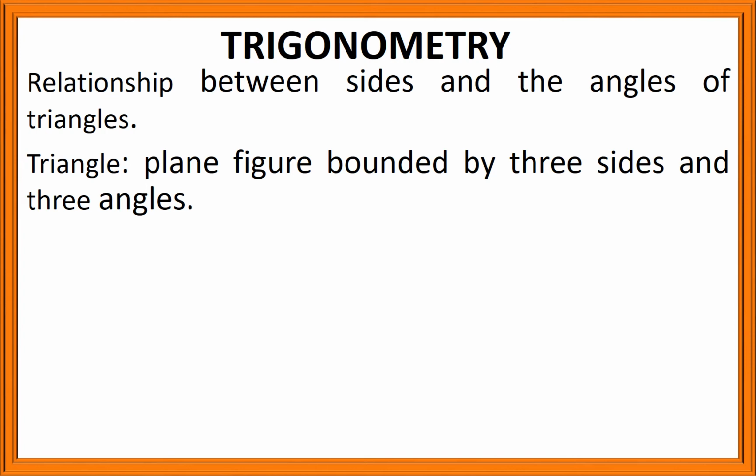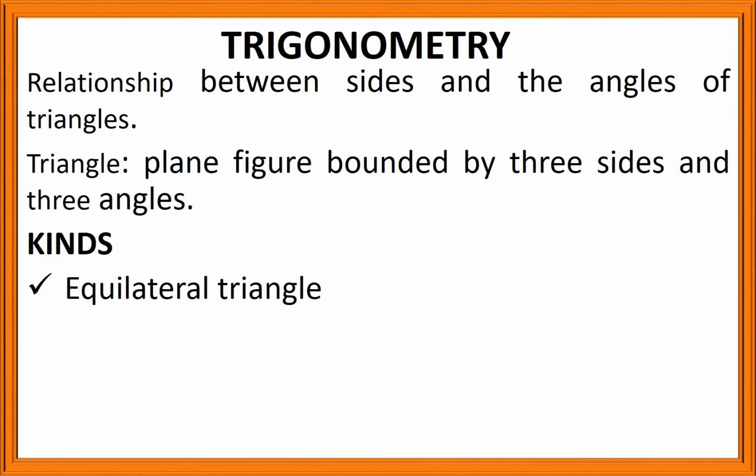After knowing what a triangle is, let's look at the kinds of triangles. 1. We have what we call the equilateral triangle. This is a type of triangle with all the three sides and all the three angles being equal.